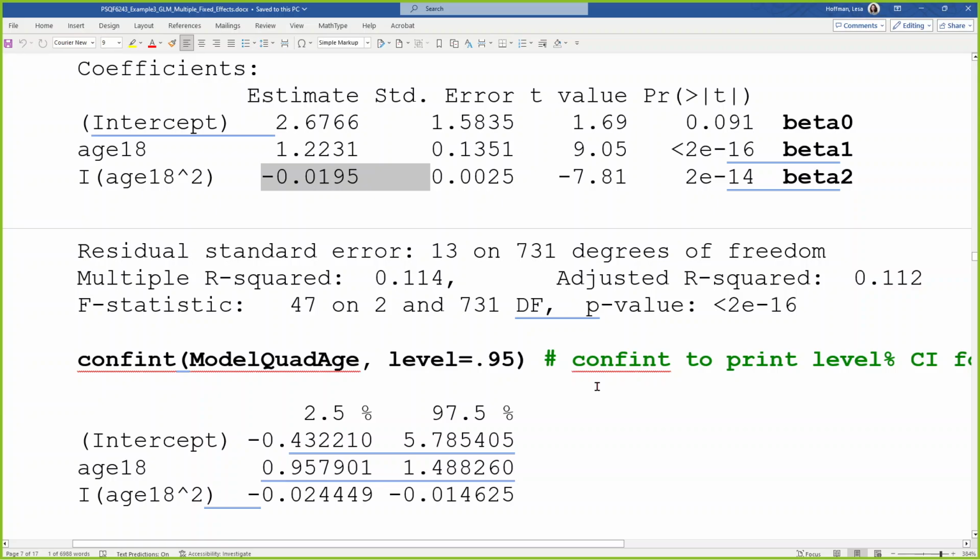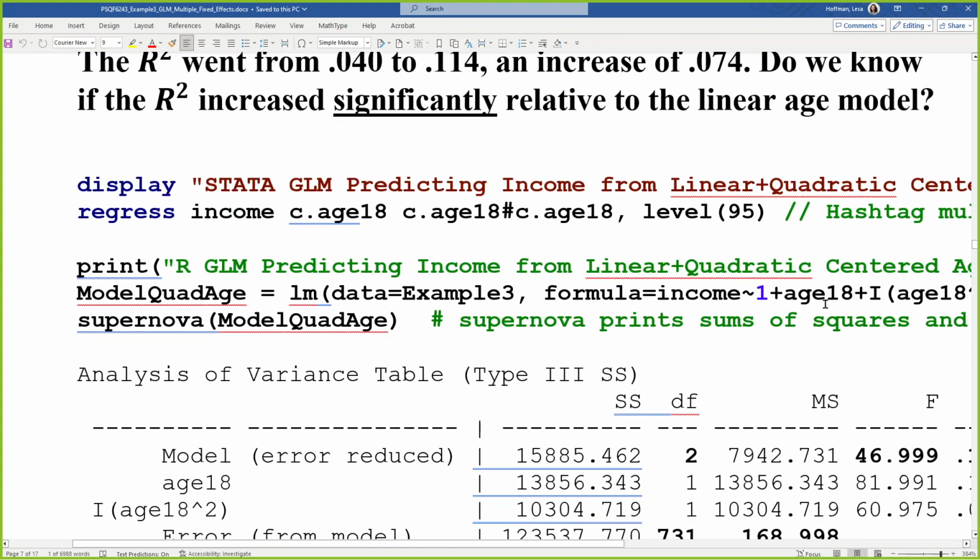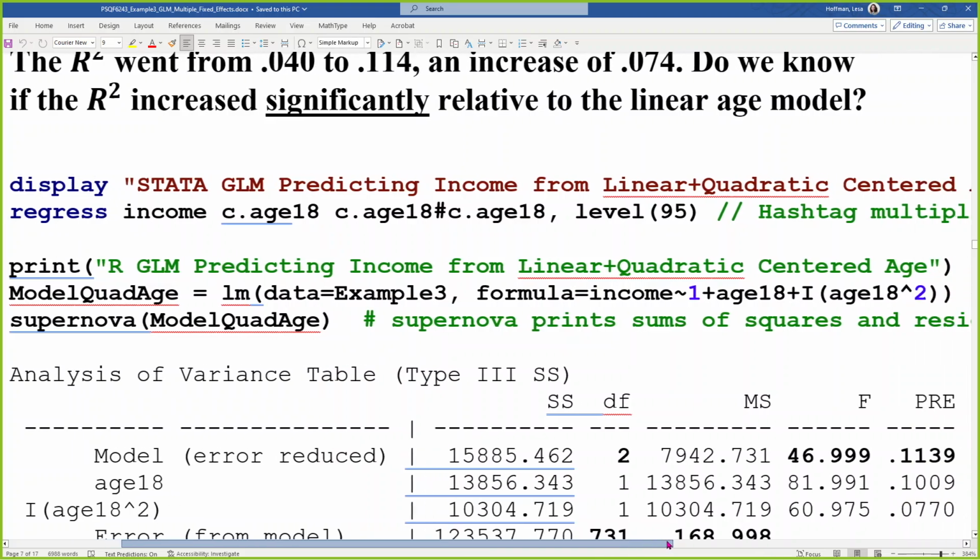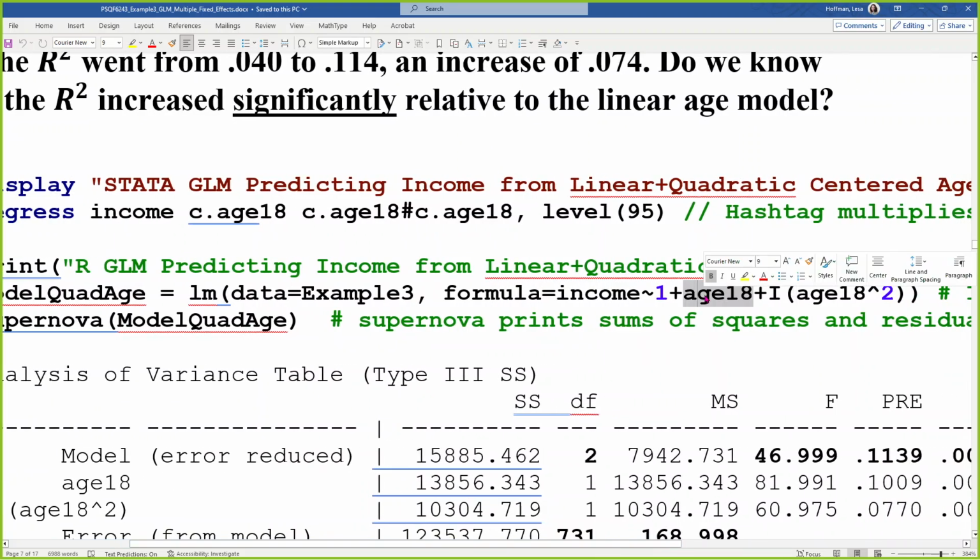Yeah, go ahead. Would it make any difference to the computer if you just made a column of the squared ages and used that as opposed to using the exponent of 2? It does not when it comes to estimating the model. However, in certain routines to generate predicted values, if you don't make the squared version yourself, if you do the hashtag or the I thing, then when you're generating predicted values, once you tell it what age is, it will know what age squared is because it understands that they're connected because you've defined it that way.